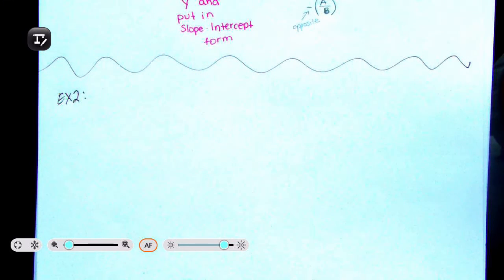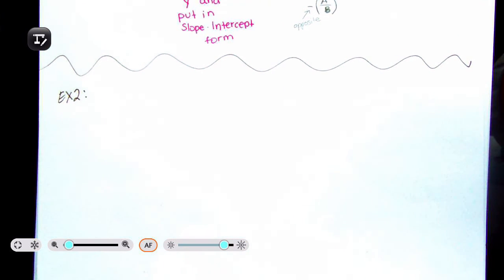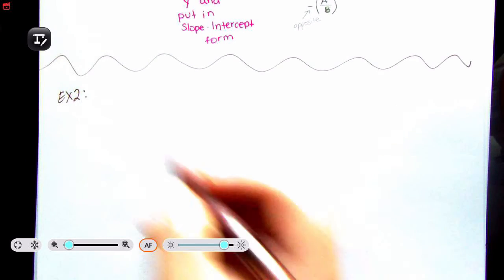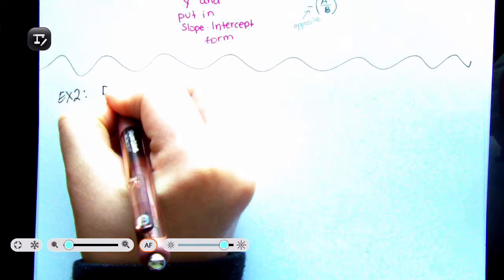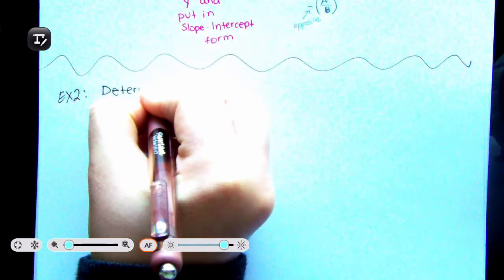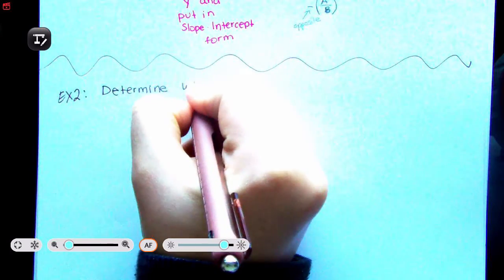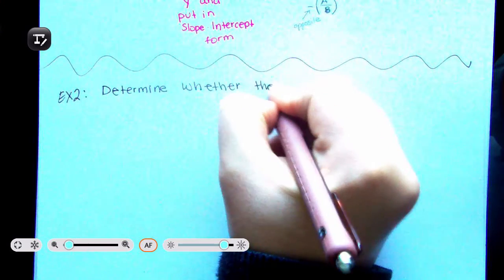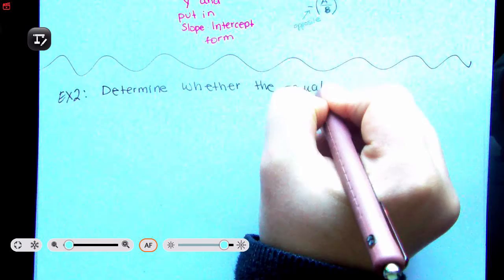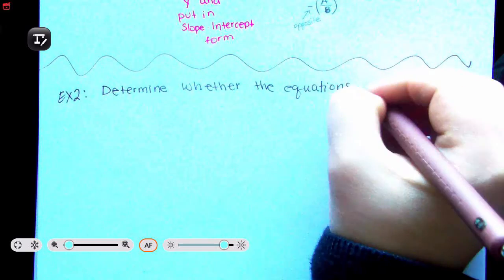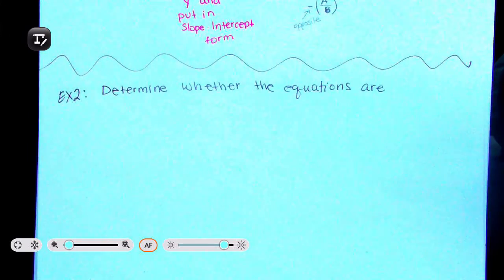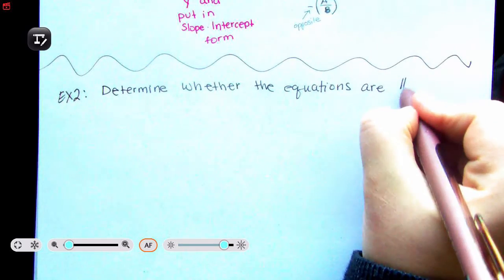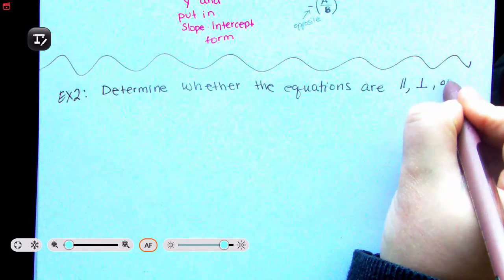Example number 2 is going to ask us to determine whether the equations are, and I'm going to use my symbols here, parallel, perpendicular, or neither.